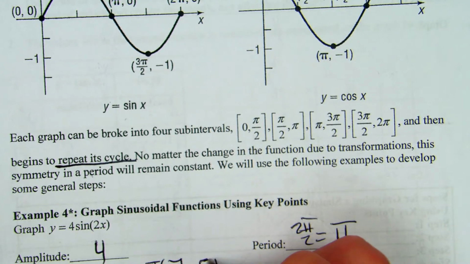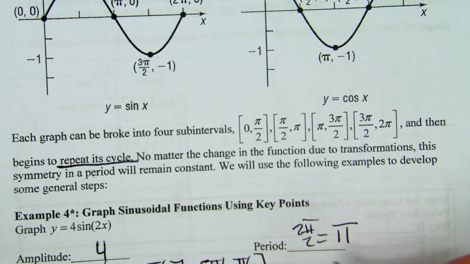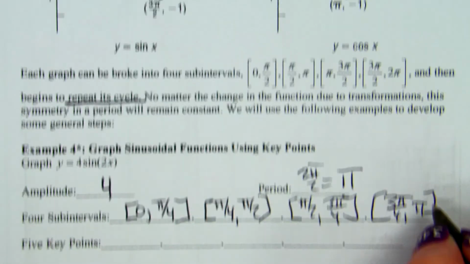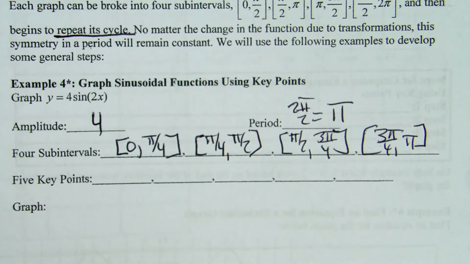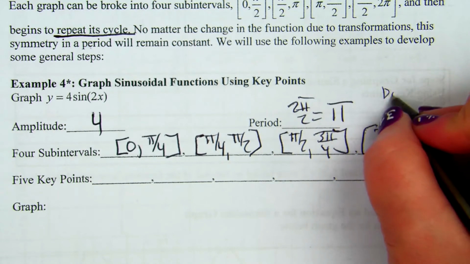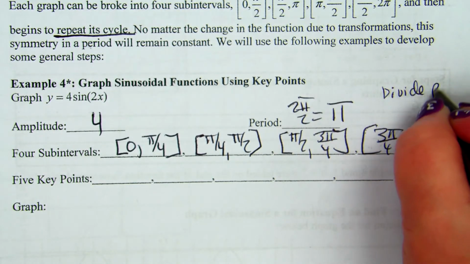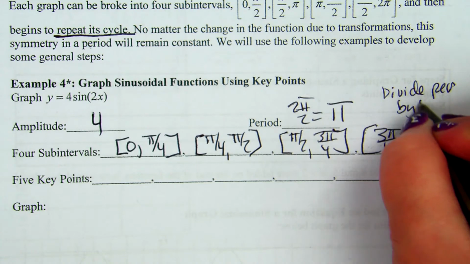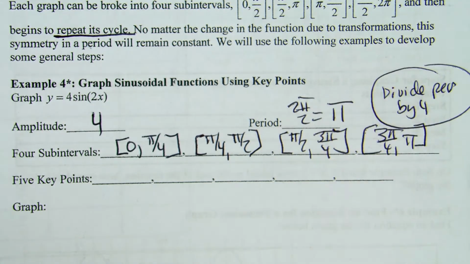Then pi over 4 to pi over 2, adding another pi over 4. And adding another pi over 4 is pi over 2 to 3 pi over 4. And the last one is 3 pi over 4 to pi. You divide the period by 4 to get the 4 subintervals.